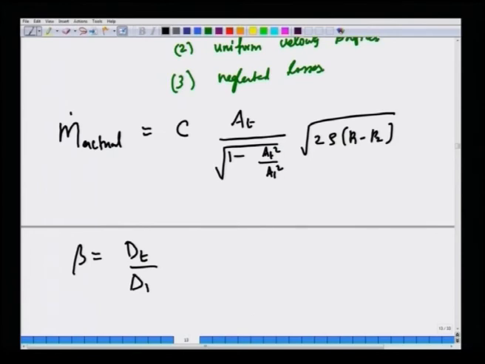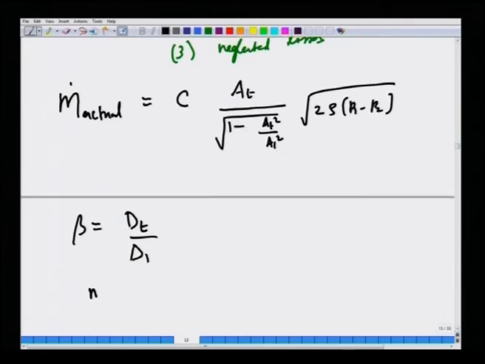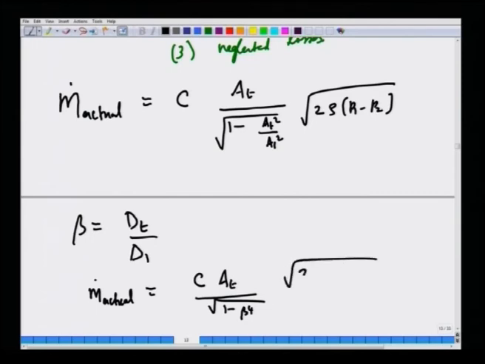So, if I do that, then the actual flow rate will be some C times A_t divided by square root of 1 minus beta to the 4, times square root of 2 rho (P1 minus P2). Now, this is called the discharge coefficient. It is completely non-dimensional.